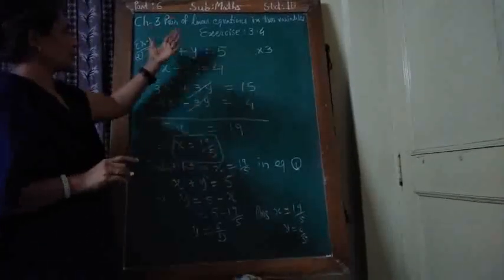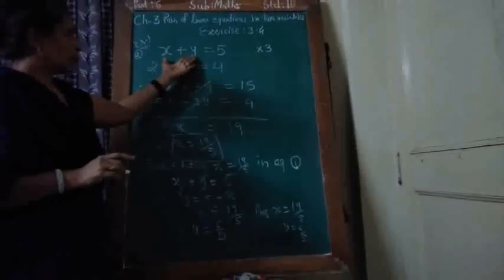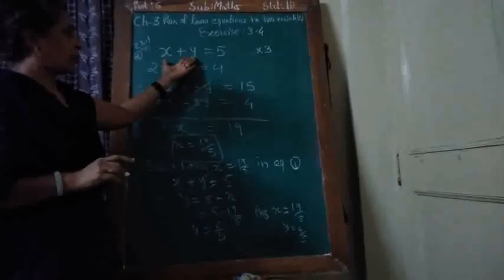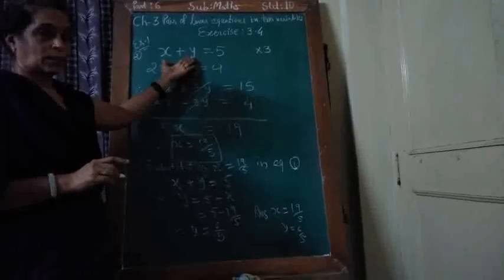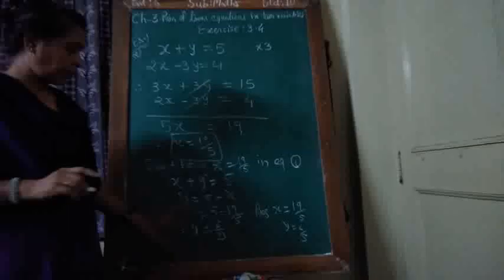You substitute that value in this expression, then you get the value of y. Here y equal to 5 minus x, so you get 5 minus 19 upon 5.